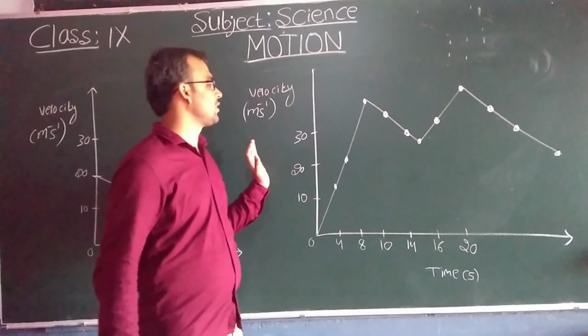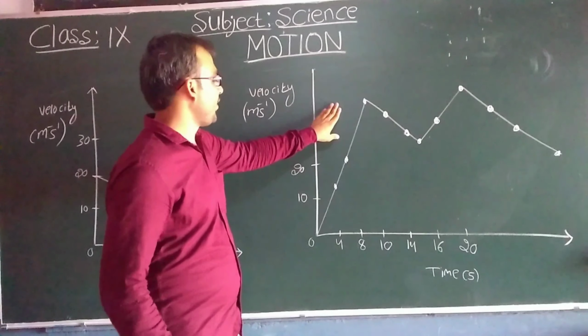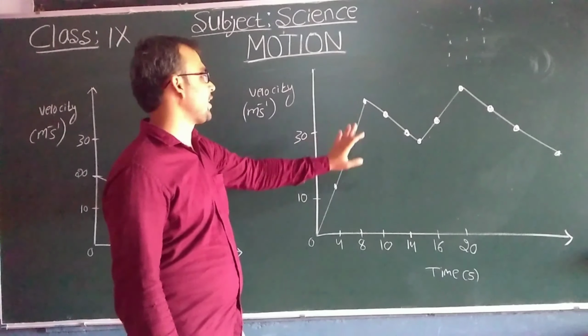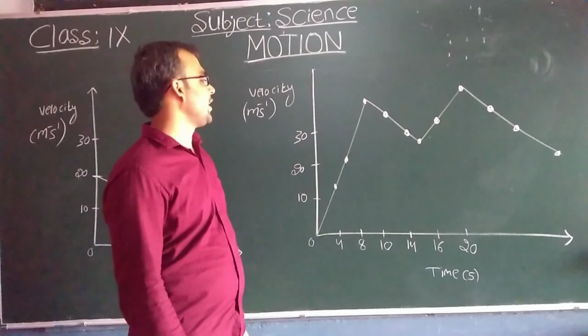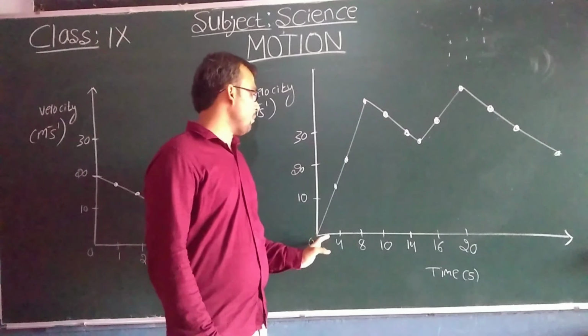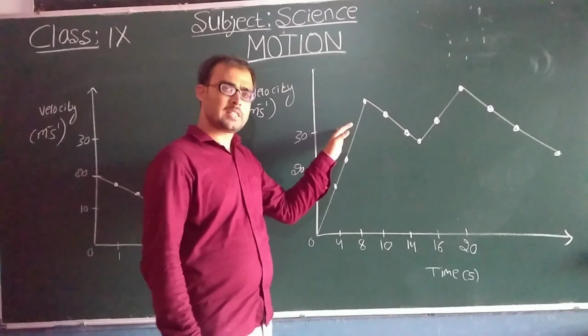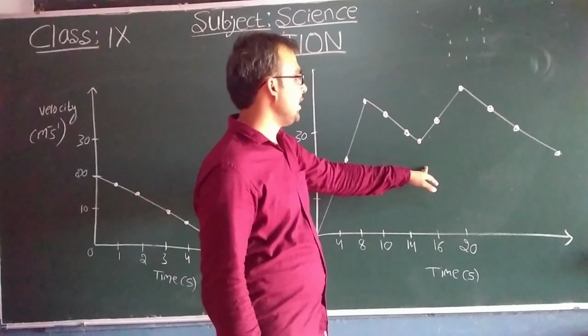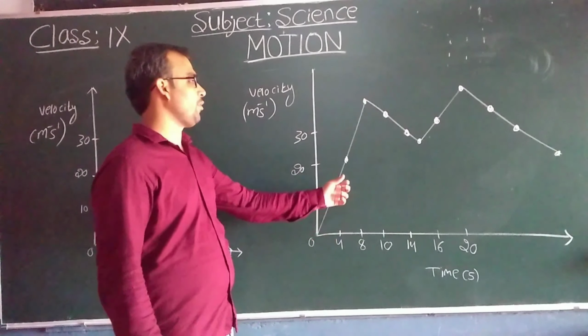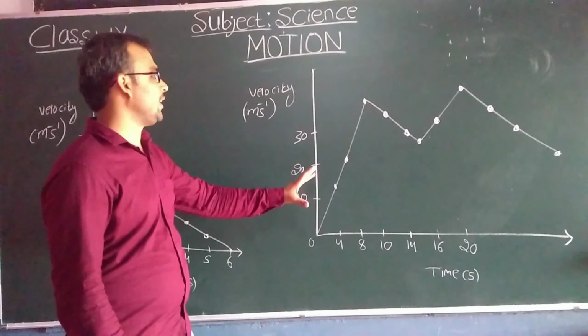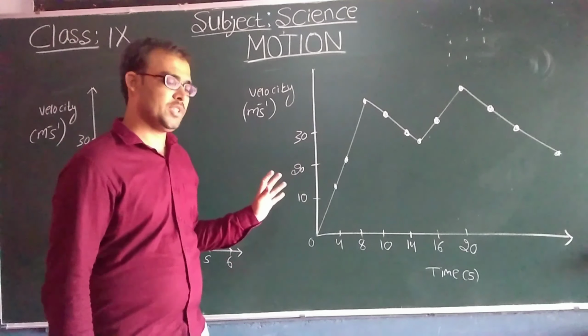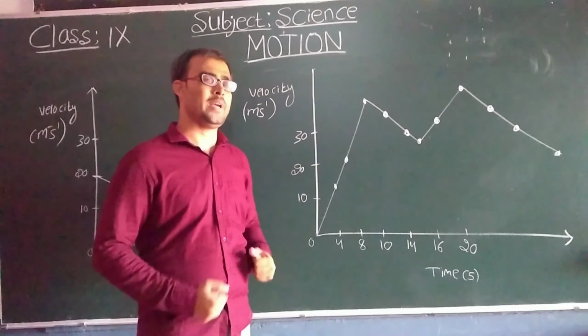Now look at this graph, students. This graph indicates what? Non-uniform acceleration. Why? Because at some points the velocity increases, at some points the velocity decreases. You can tell that this graph is of an object moving with a non-uniform acceleration.